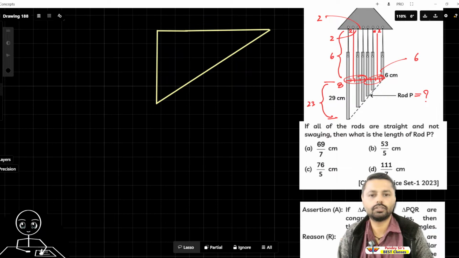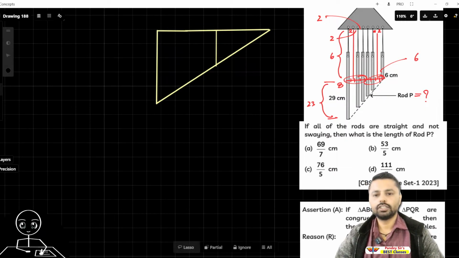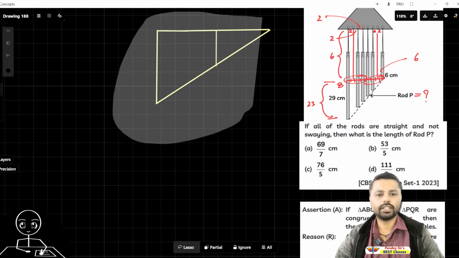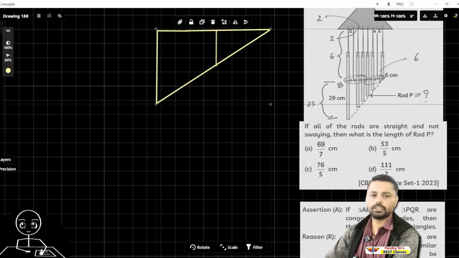Yeah. Now it's like that. Then let's make a line in the middle. Okay. And then let's rotate it so that it will look somewhat better, the way we like to do. So let's try that.